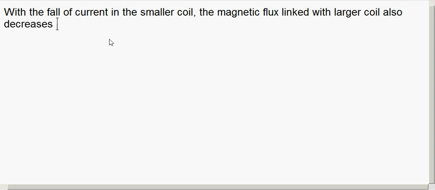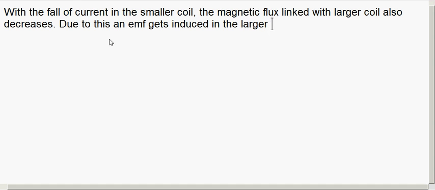With the fall of current in the smaller coil, the magnetic flux linked with the larger coil also decreases. Due to this, an EMF gets induced in the larger coil. And because the current decreases to 0 quickly, there is a large amount of EMF induced.